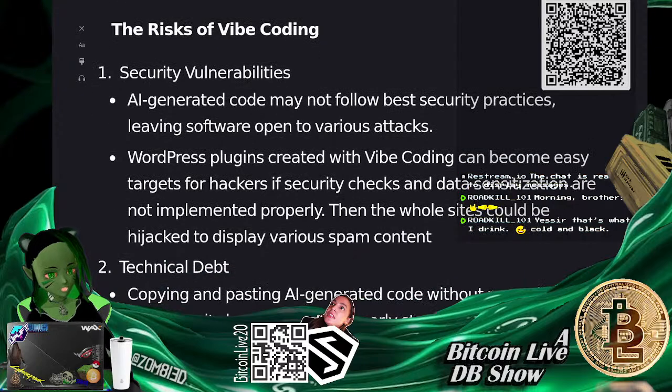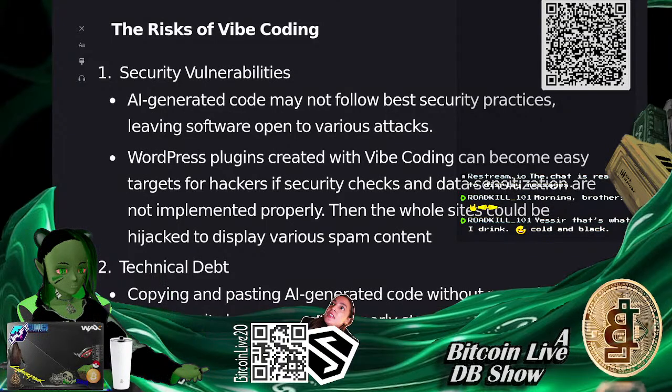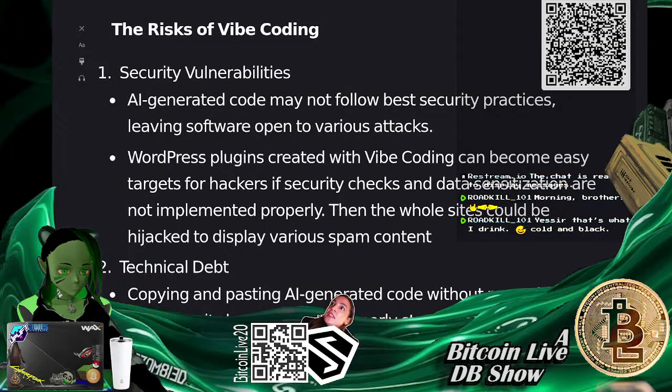Risks of vibe coding. Security vulnerabilities. Oh my gosh. Believe it or not, 99% of all AIs out there that are not locally installed cannot actually produce secure code. It's not even allowed to write code that we would call security code or secure code, because security code is also how you break security code.